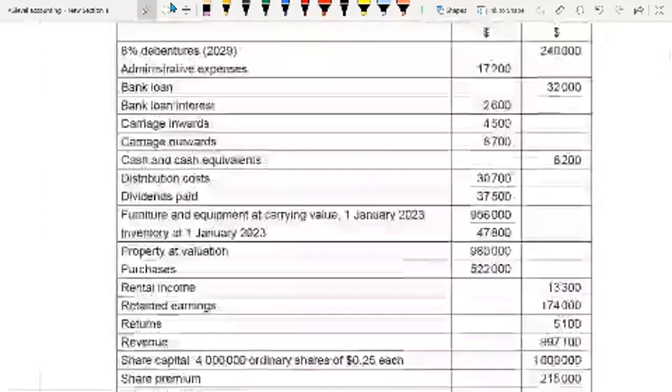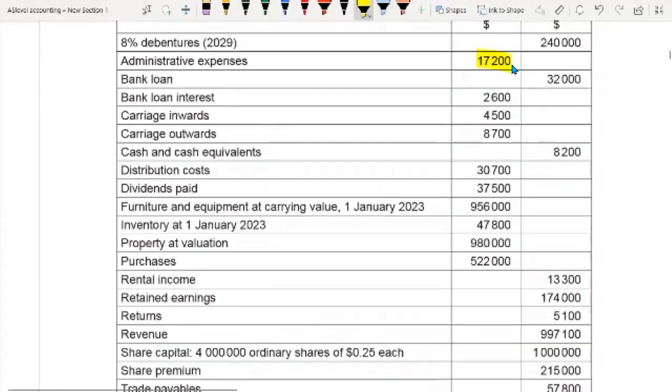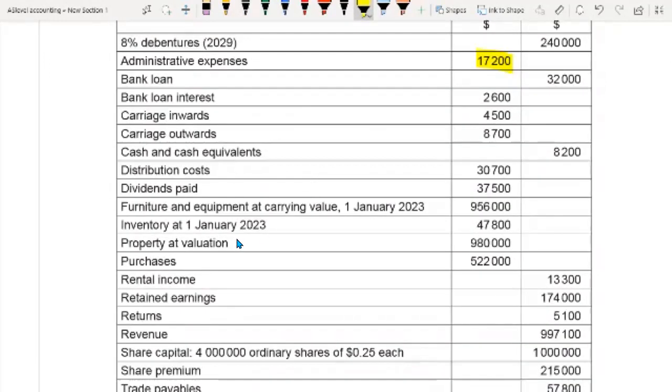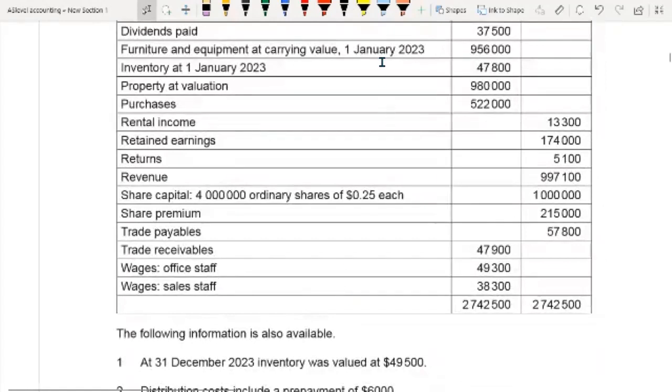If you see the administrative expenses in the trial balance, this is 17,200. Now let's see the other. We have wages for the office staff. Yes, this is also part of administrative expenses, wages of office staff, which is 49,300.